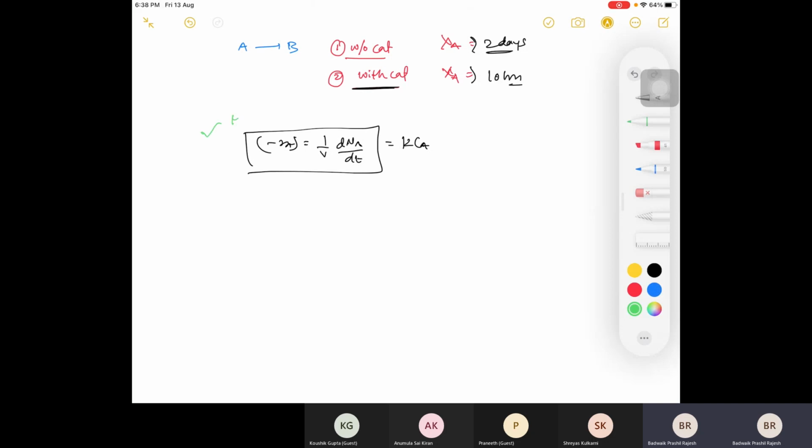Suppose there is no catalyst, that is a homogeneous reaction, with no deactivation. Now suppose I'm writing for a heterogeneous reaction with catalyst and there is deactivation.